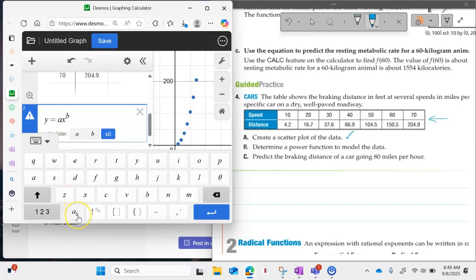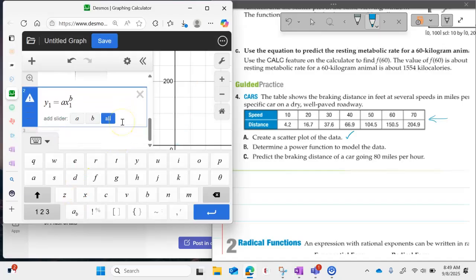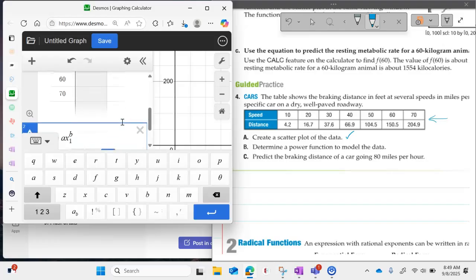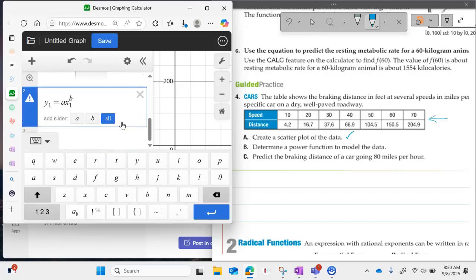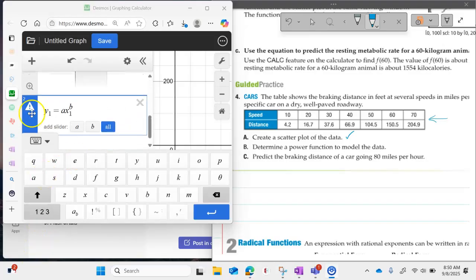Now, a way to do that is to press this button, or you can press Shift minus on your keyboard and it'll make a subscript. Shift minus makes a subscript. All right. And so now we're getting closer, but it's still upset with us because it's impossible to fit one function exactly through those points.